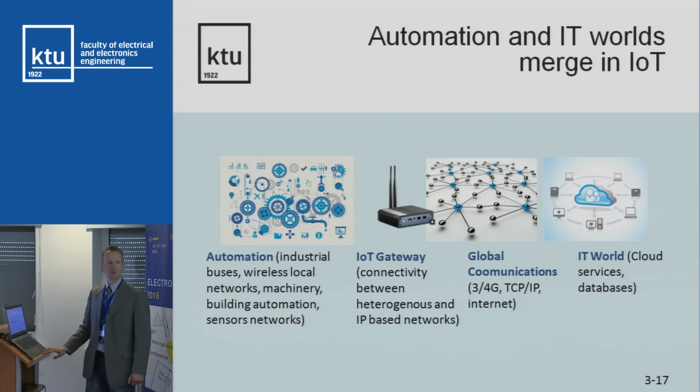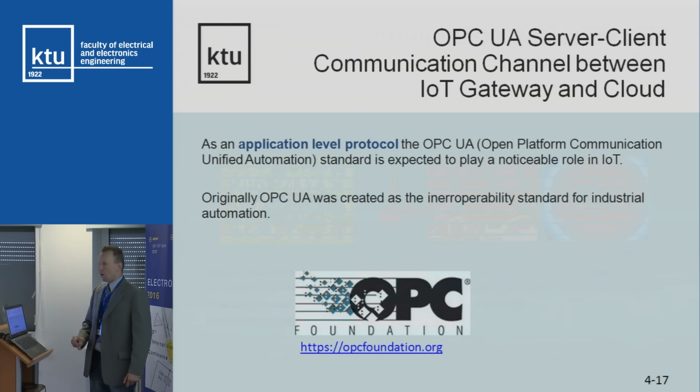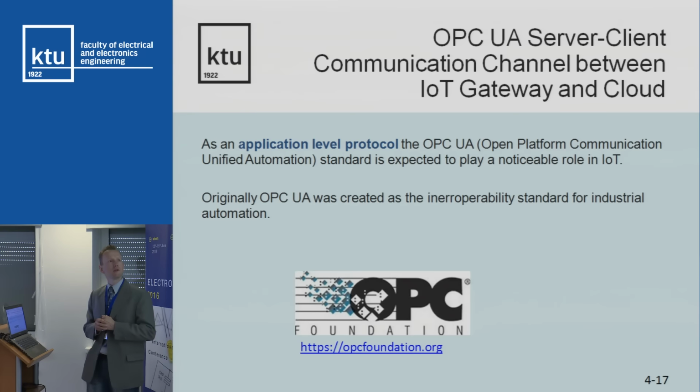Nowadays it works in IPv4, but as we talked about yesterday, IPv6 is just around the corner. The OPC UA protocol itself is quite a huge protocol. It takes its origins in the automation world. It's Open Platform Communications. At the beginning it was a Microsoft protocol, suitable for various Microsoft platforms, but nowadays it has turned into Unified Architecture, so platform independent.